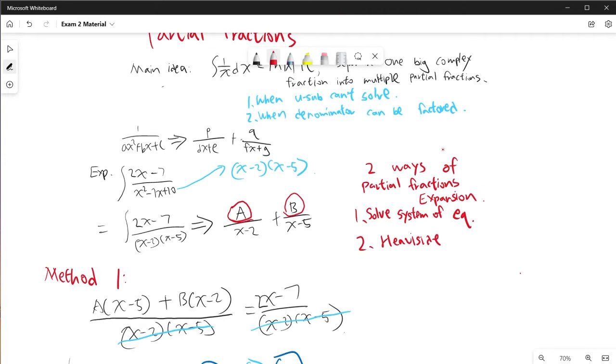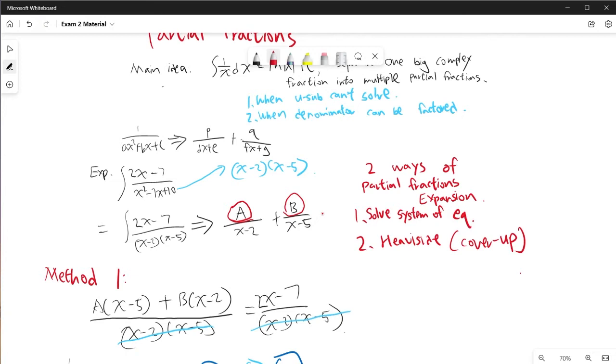The two different methods for solving a partial fraction expansion, as it's called, are: A, solve a system of equations, which I will go over in short; and B, the Heaviside method, or you can search up cover-up for partial fractions. It's a pretty handy way of solving partial fractions without getting into systems of equations, but Purdue Calc 2 does not teach it.